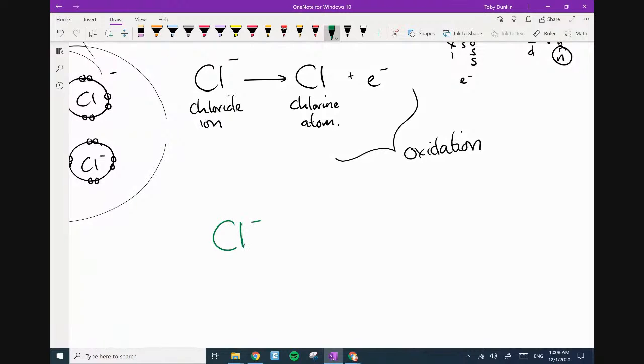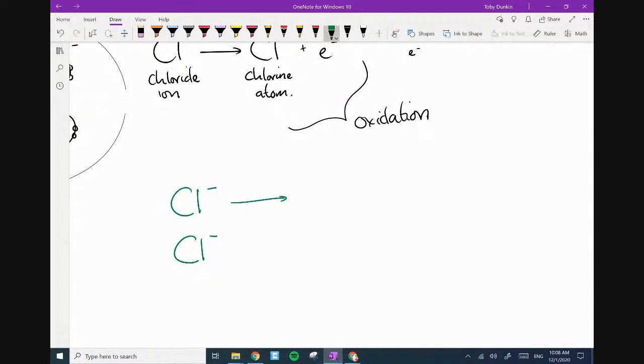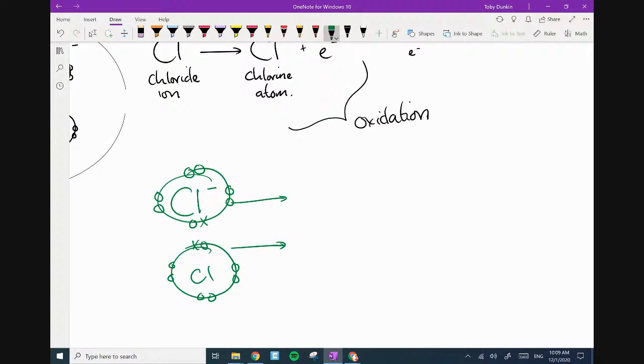Two chloride ions have their electrons physically ripped away by electricity. These are torn away from them and they immediately pair up.